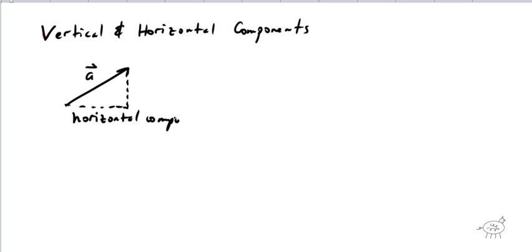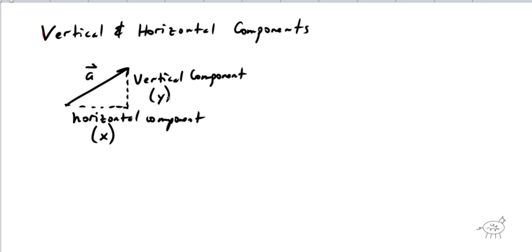Okay, and that's our x value, right? Because just think of it, it's like the x-axis. And then this is our vertical component, which is our y value.